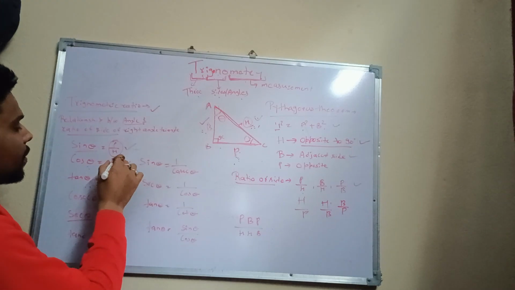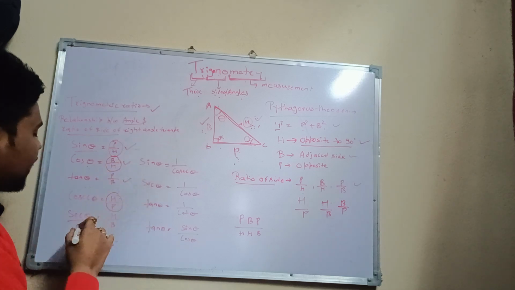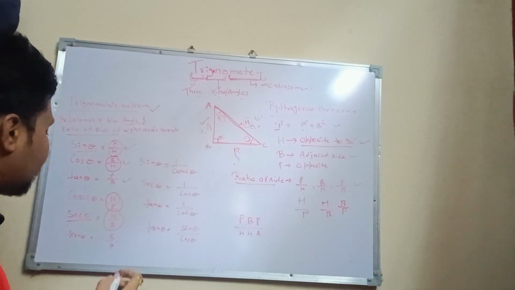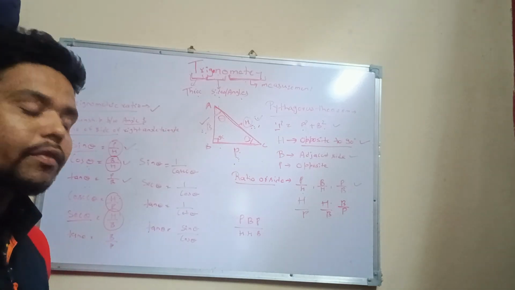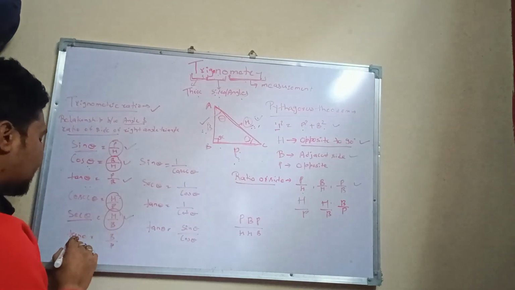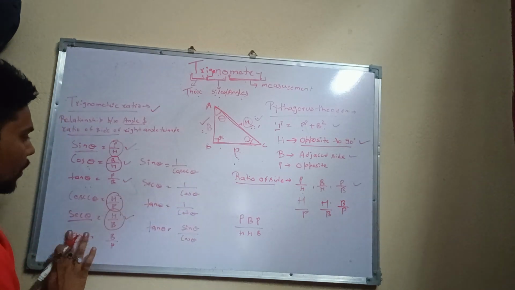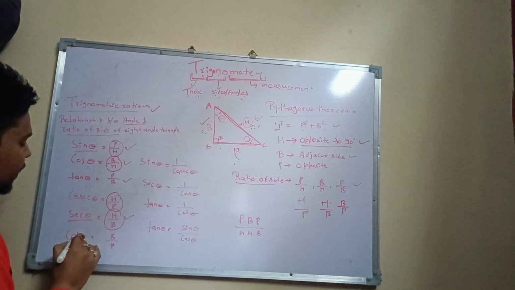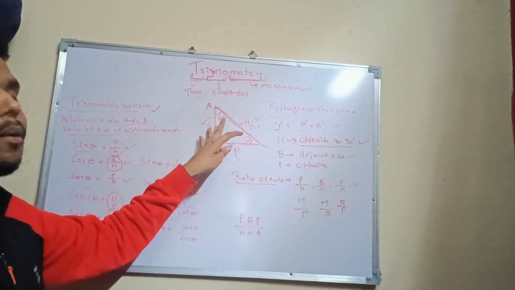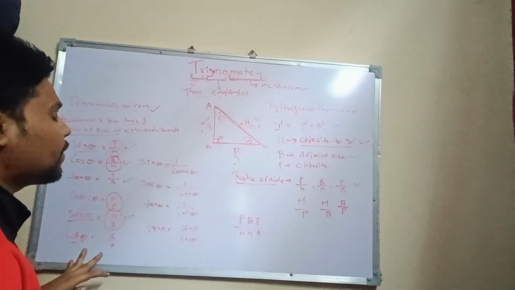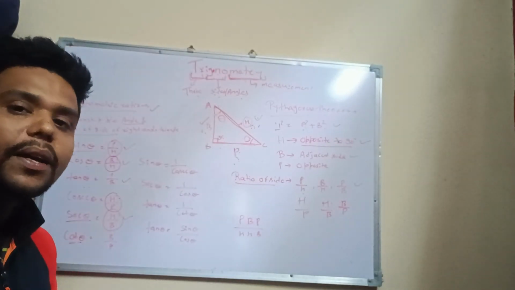Since cos theta is base upon hypotenuse, sec theta will become hypotenuse upon base. Next, cot theta. Cot theta is base upon perpendicular. It is also the inverse of tan theta. Since tan theta is perpendicular upon base, cot theta will become base upon perpendicular.